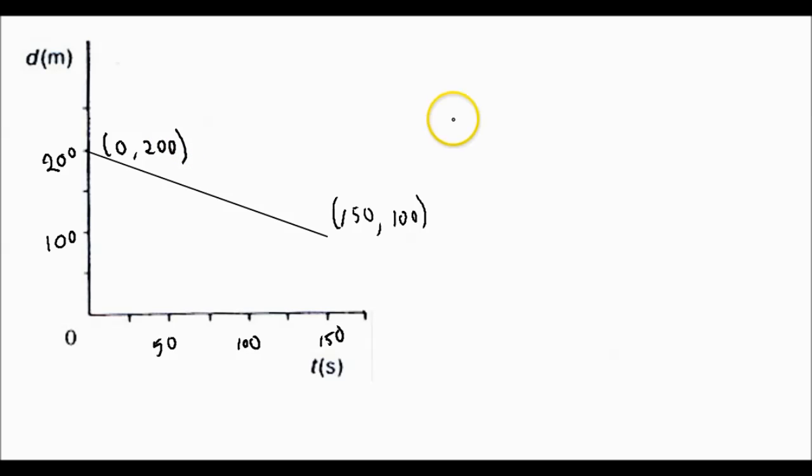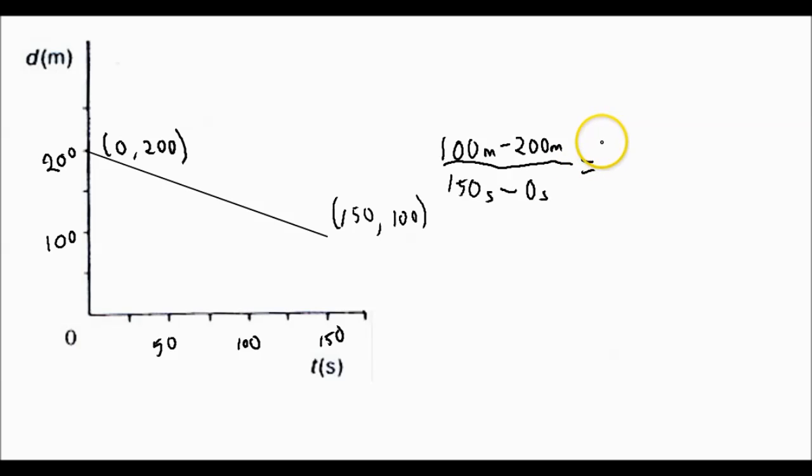So we take y2 minus y1, or 100 meters minus 200 meters, divided by 150 seconds, x2, minus 0 seconds.